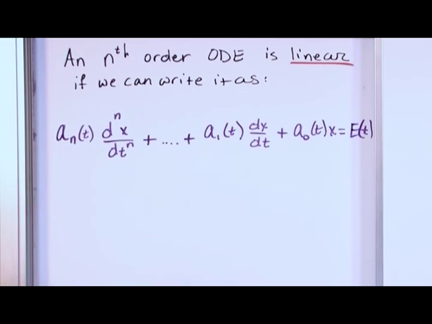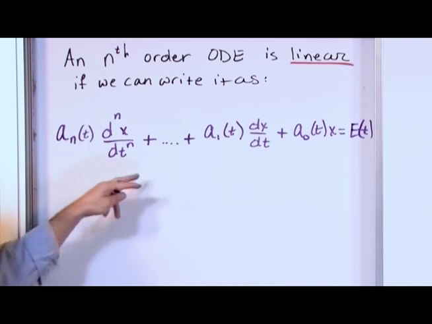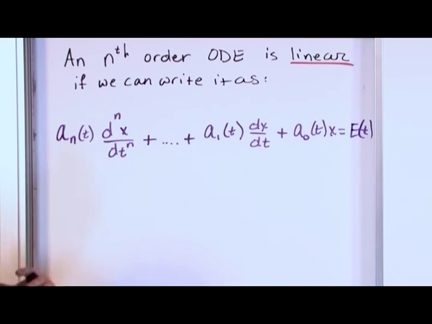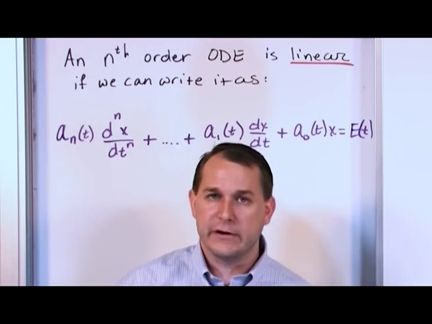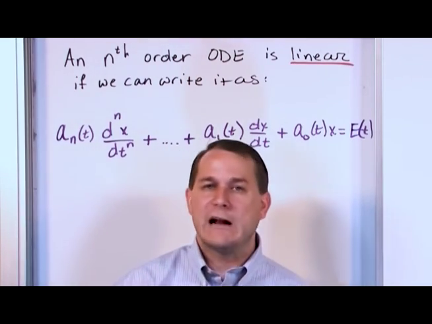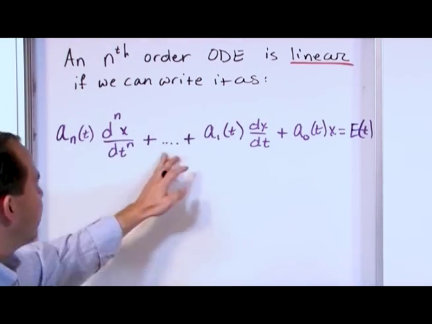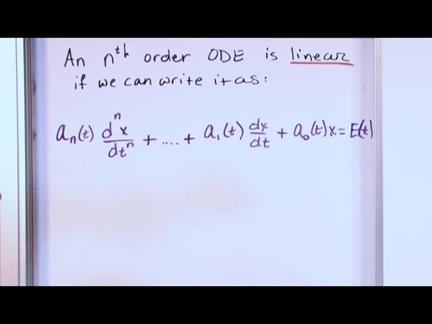If you can write a differential equation in this form, which has a lot of dots, the reason we have the dots is because you might have a third order derivative, or a fourth order derivative, or a fifth derivative, or a second derivative. Depends on how complicated your equation is.